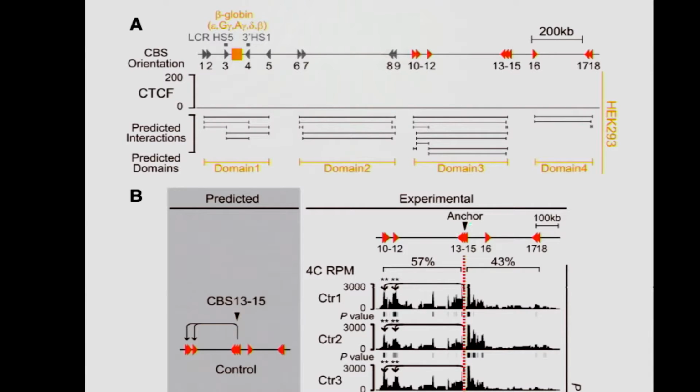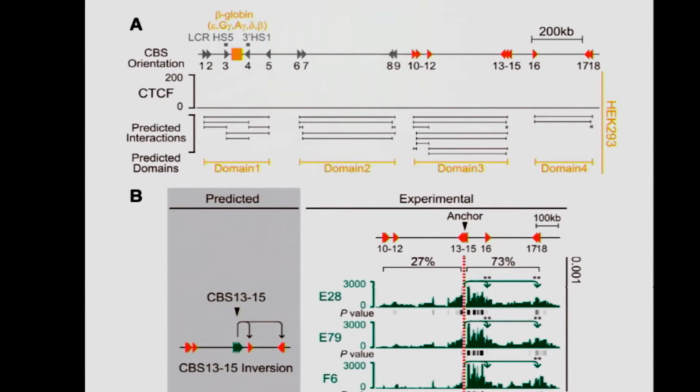And so if you take, again, the anchor site here, and reverse it, you see, so this is normal, right? So 13, 15 here is our anchor. We're looking at this domain. This is the normal case. And so everything is interacting upstream.